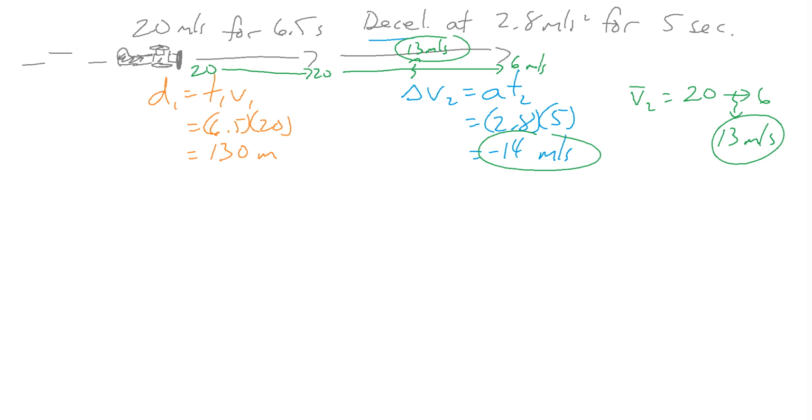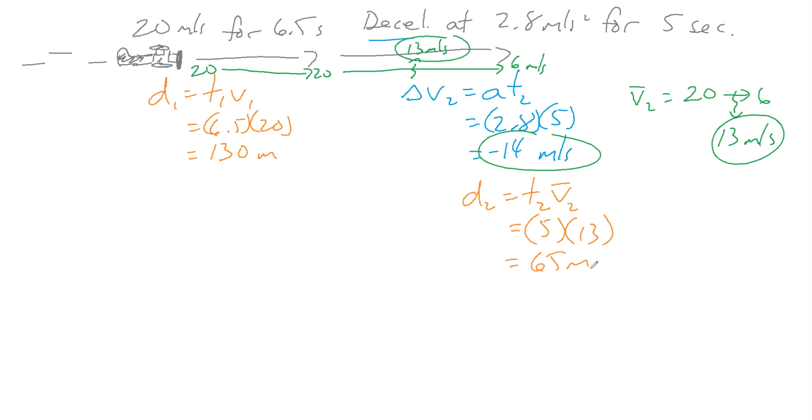D2 would be my second time multiplied by my second average speed. Because the first part had a constant speed, this one's got an average speed because there's an acceleration. So I'm going to use the time, which is 5, and the average v, which was 13, and if I put those two together, I get 65 meters.